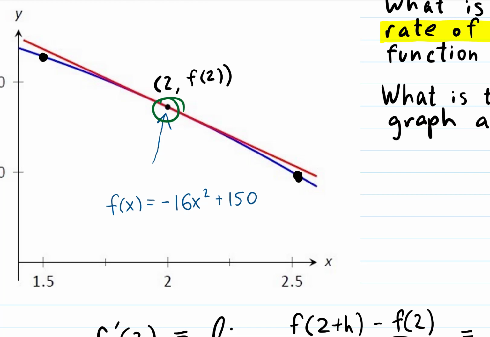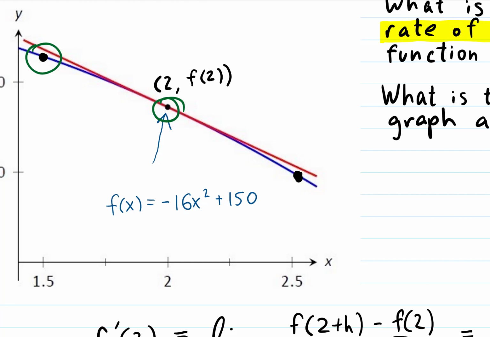But it is. 64 is how fast that's going down. The derivative is negative 64. Here, we found that the derivative is negative 48, so that means that the function is decreasing at a rate of 48 vertical units for every horizontal unit.